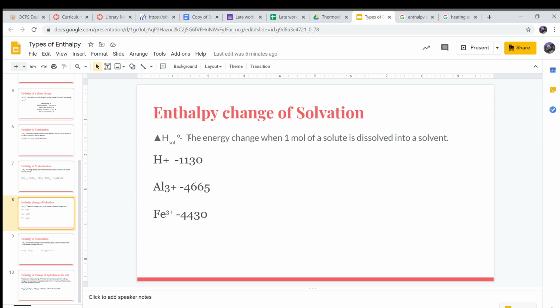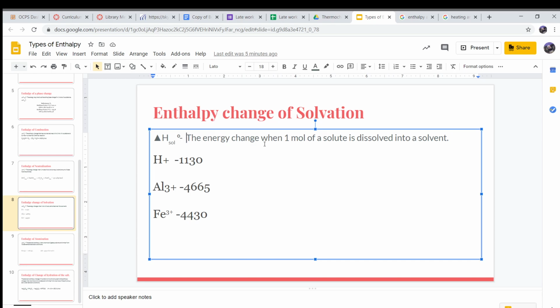Enthalpy of change in solvation. This is when 1 mole of a solute is dissolved into a solvent. Okay. And usually this one is written out for the actual ion itself.